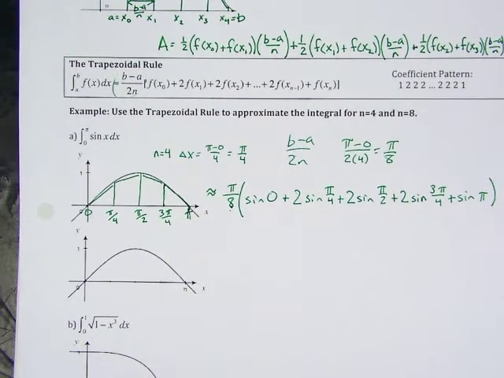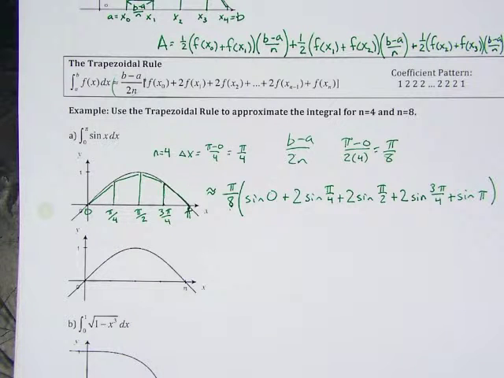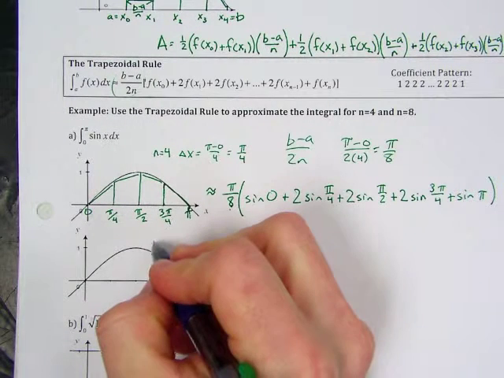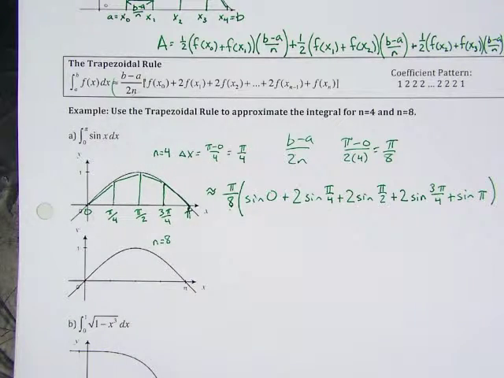Okay. So we're going to try this again, and we're going to separate it into 8 trapezoids here. n equals 8. More precise.